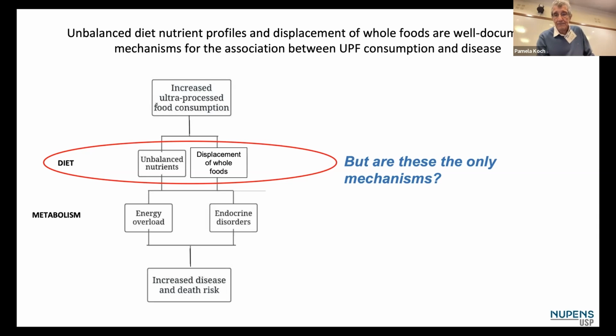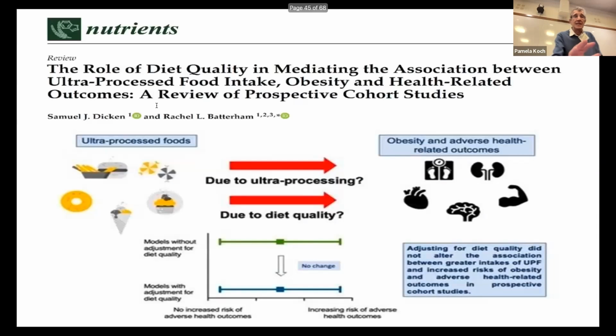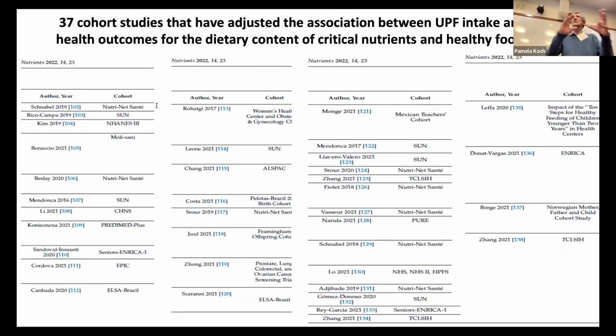Well, this question was asked by two authors in a review they did of, at that point, 37 cohort studies relating UPF with some disease. What they did was simply analyze the studies before and after adjustment of the association between UPF and disease for dietary nutrient profile and healthy foods like fruits and vegetables.